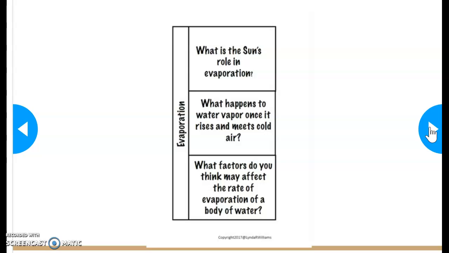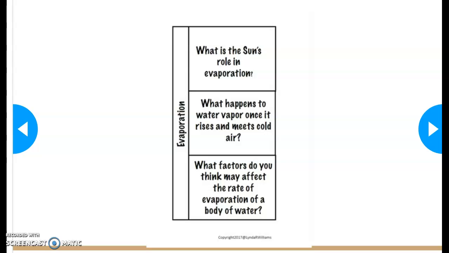What happens to the water vapor once it rises and meets cold air? So once that water vapor is heated up and it rises and meets cold air, what happens? And what factors do you think may affect the rate of evaporation in the body of water? So what's going to change how fast evaporation happens? So I want you to fill out those 3 answers to those 3 questions.